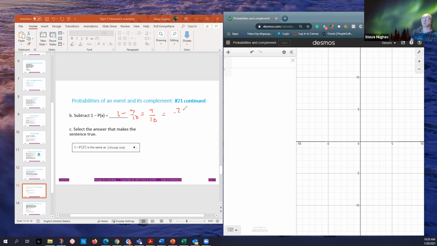So select the answer that makes the sentence true. 1 minus P of X is the same as P of not X, right, everybody? 1 minus P of X is the same thing as P of not X.